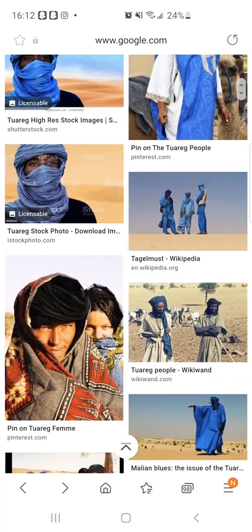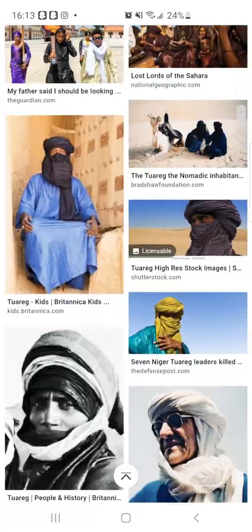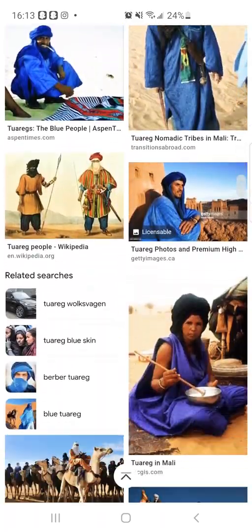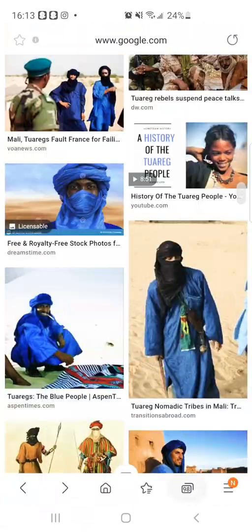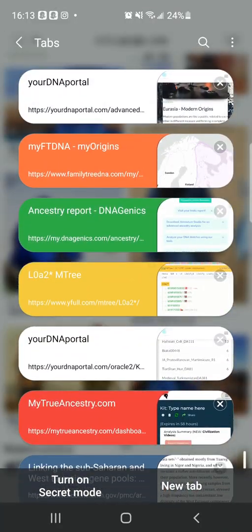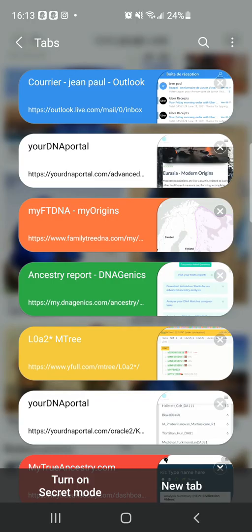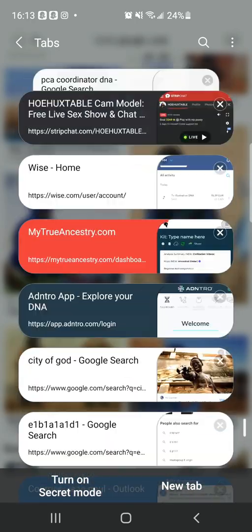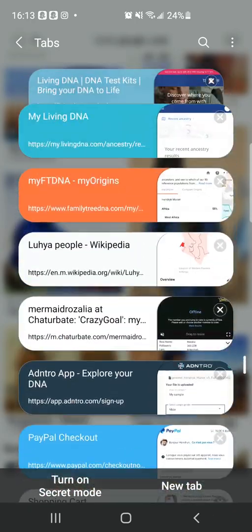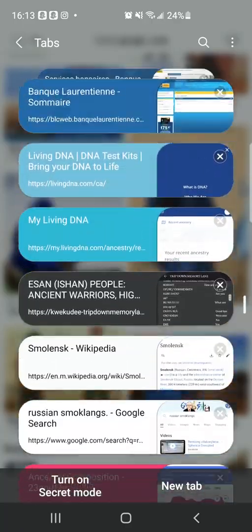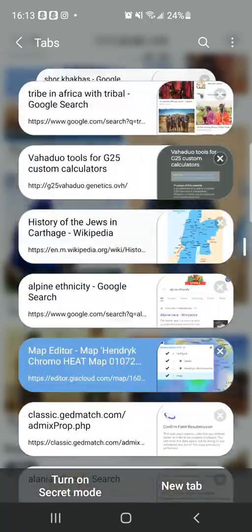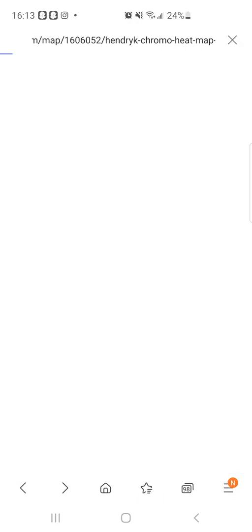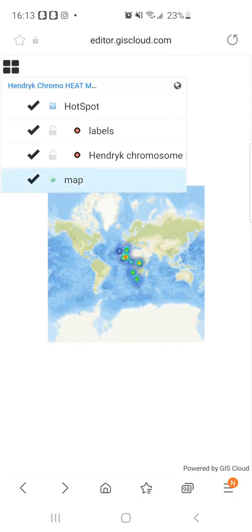I'm going to show you who the Tuareg people are, so y'all can get a little idea of what I'm talking about. But also I will show y'all my map, because I have a map, and this map is actually showing everything that I need to know to conclude this right there.